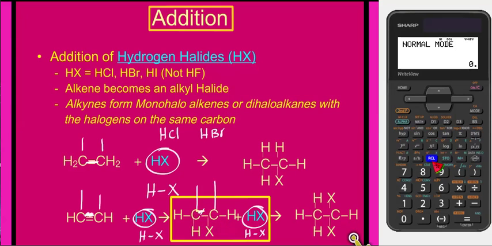Carbon number 1. So that means the H must come by number 1, the X must come by that. That's why they did that. It's the rule which is called Markovnikov's rule. So you see, you cannot use HF, the first one right at the top in the periodic table. So that was the addition rule. There are 7 minutes left.